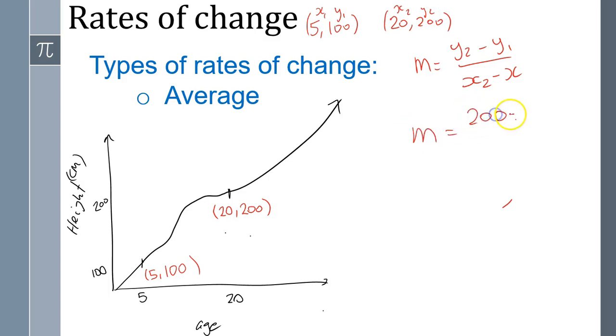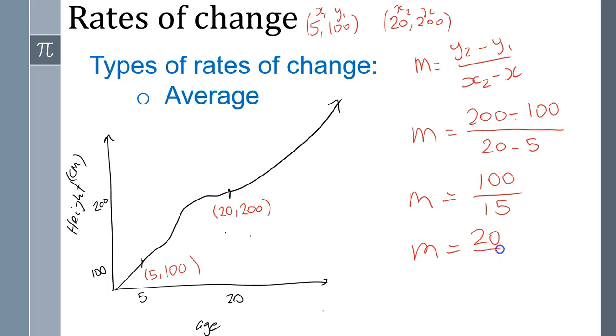So 200 minus 100 over 20 minus 5 gives us 100 over 15. So that's 6 2/3. So my gradient is 6.67-ish. Okay, so on average, between the ages of 5 and 20, this person grew 6.67 centimeters per year.